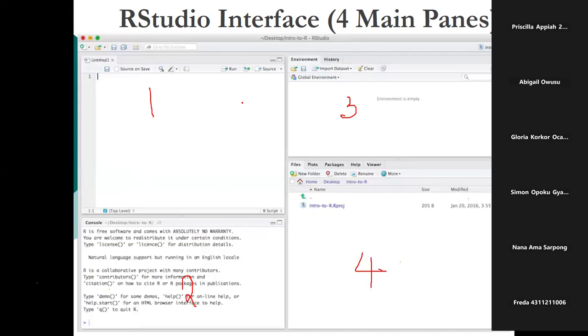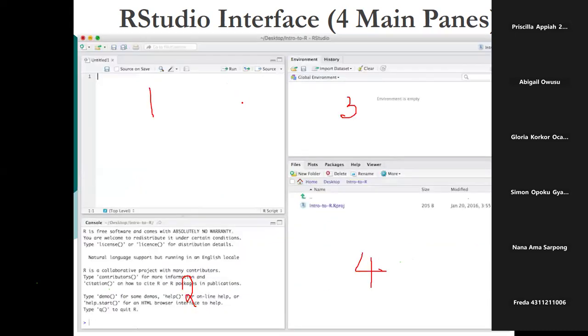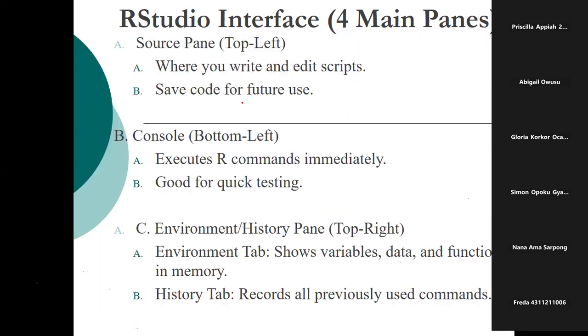Then the third one, what I call number 3, is called the history or environment plane. Environment, just as we say environment in Ghana or elsewhere, here we are showing all variables, data, and functions in memory.